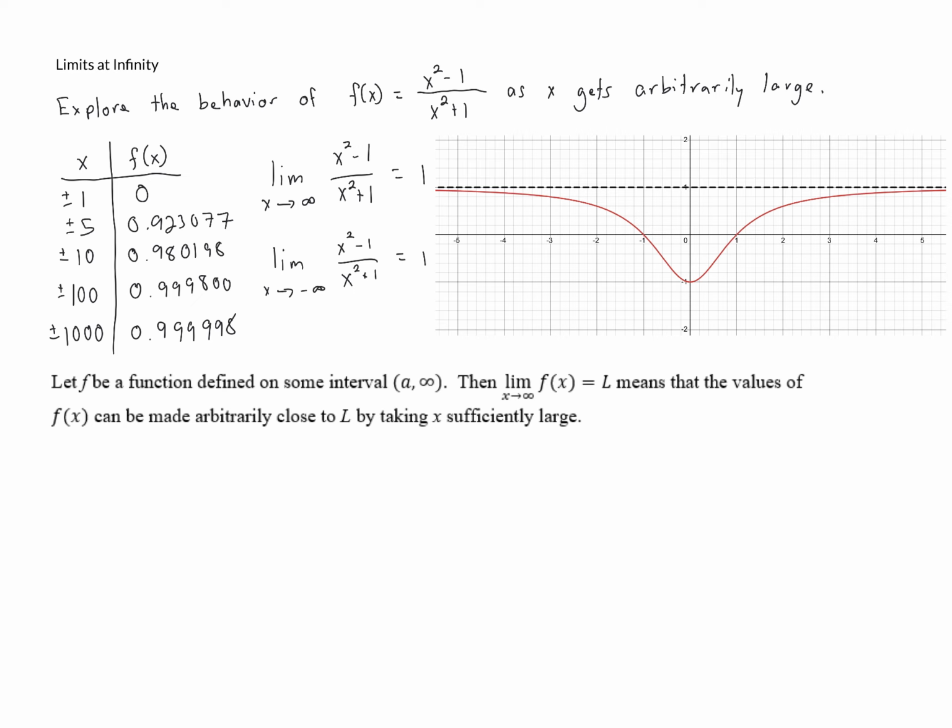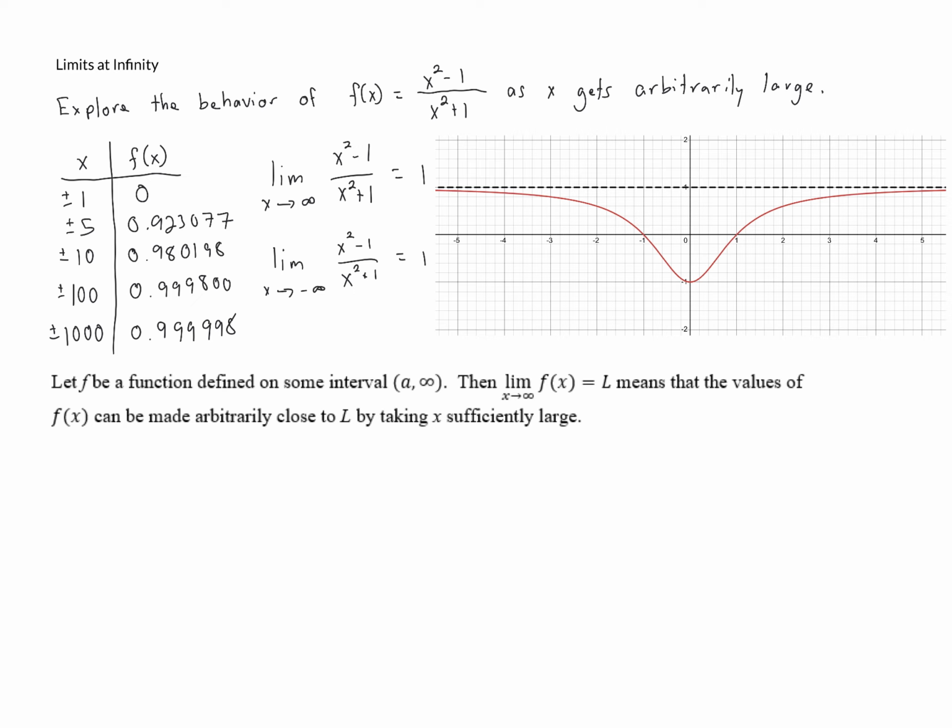Again, I know a lot of students are usually not super comfortable with deltas and epsilons, so if that went over your head, I don't want you to worry about it too much. It is very similar to the regular limits we've been looking at, but instead of looking at what's happening as x approaches a number, we're looking at what's happening as x approaches infinity, as x gets larger and larger as we're going to the right on the number line.